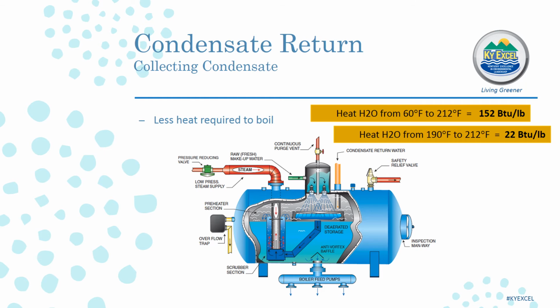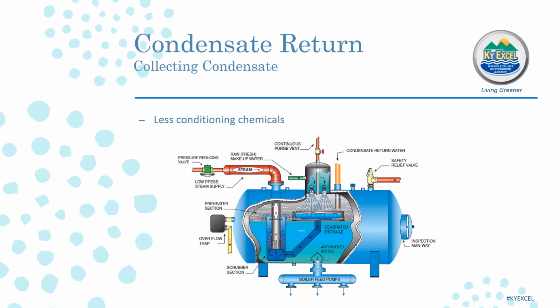Condensates require less heat or energy to boil, which will reduce the system's energy consumption and fuel costs. Collected condensates will also require less conditioning chemicals than water, which saves money that would normally be spent on conditioning chemicals. Recovering condensates not only increases the steam system's water, energy, and chemical use efficiency, but saves money.